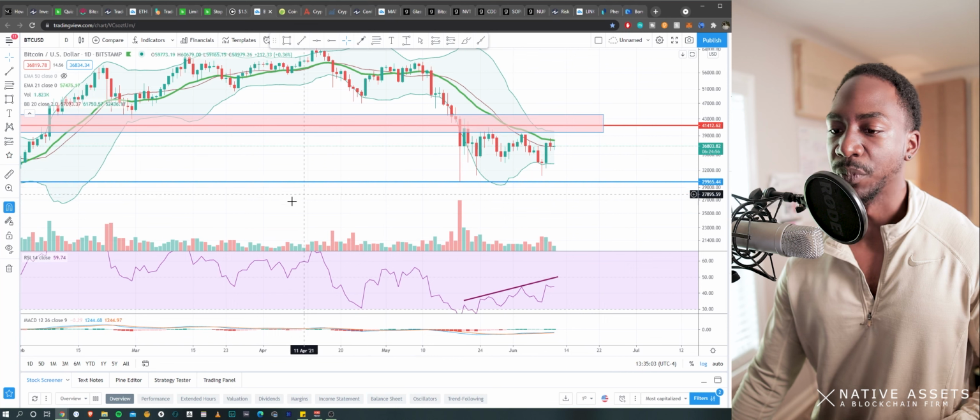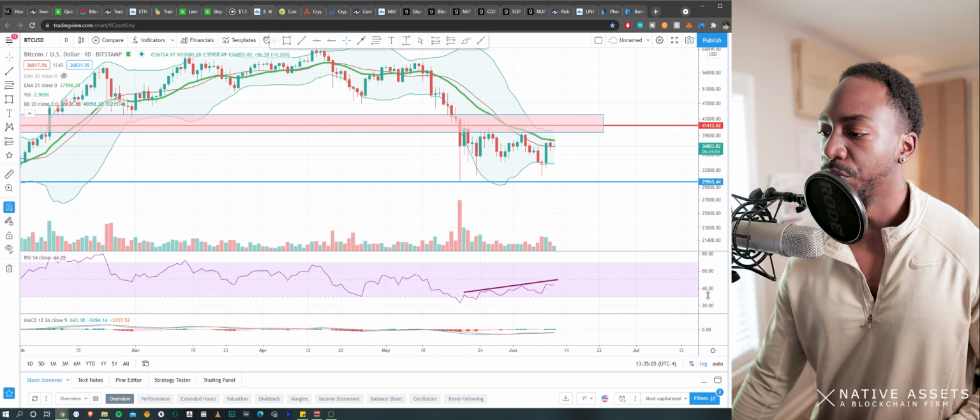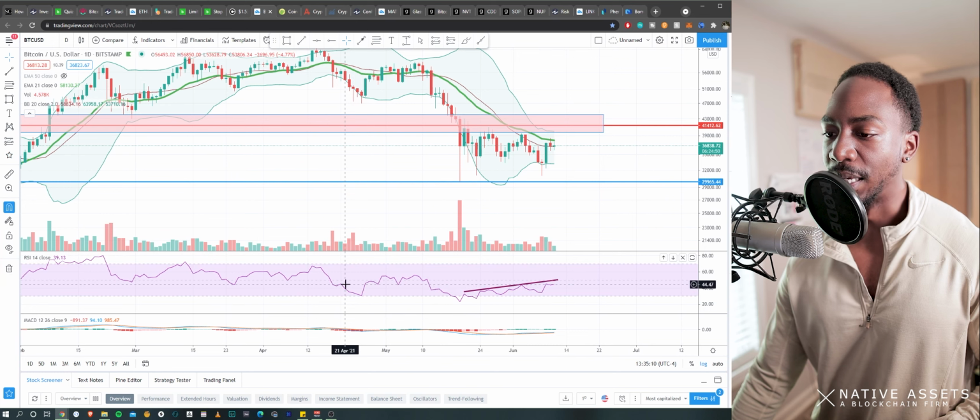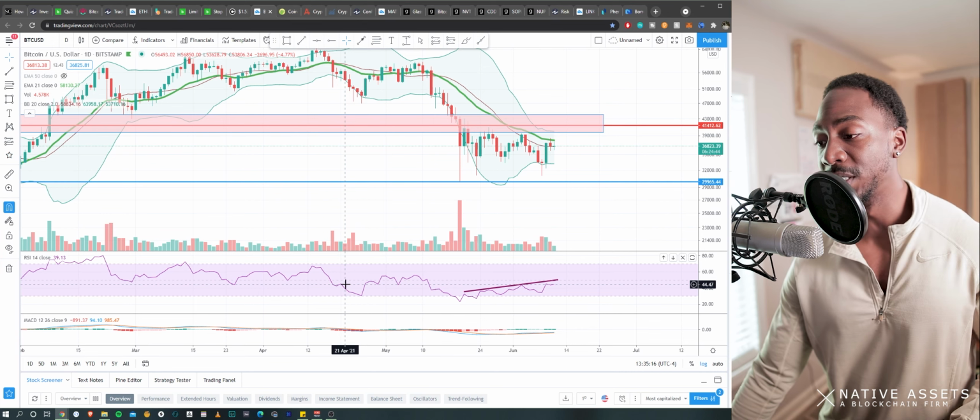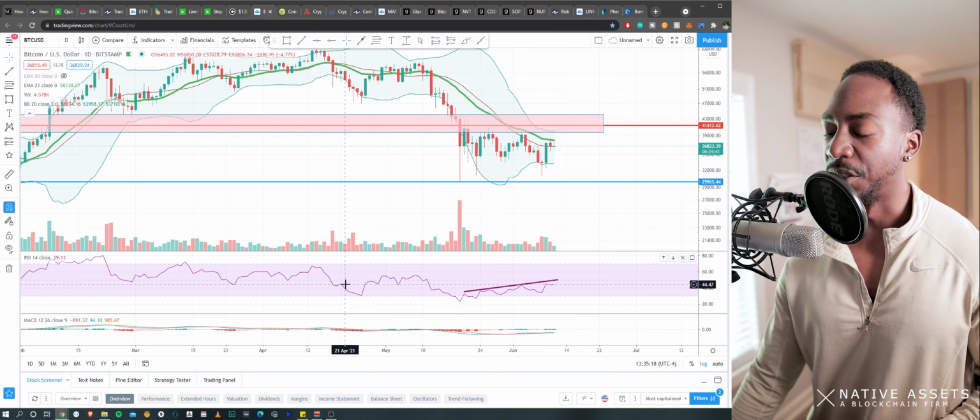And then you bring in the RSI, and we're saying, okay, we're climbing, and so far this level of about 44 has been a support, and if we don't get above it, it's probably likely going to be a resistance level for the RSI, at least in the short term.